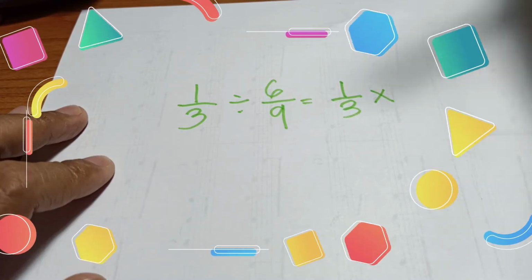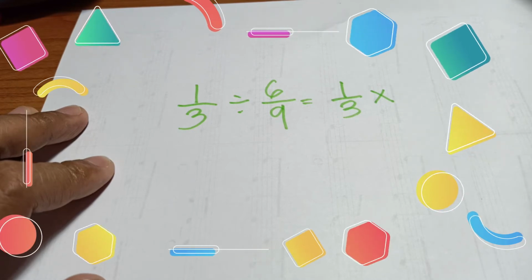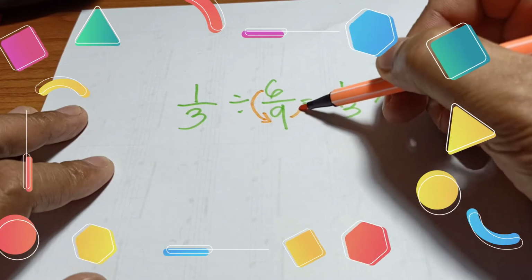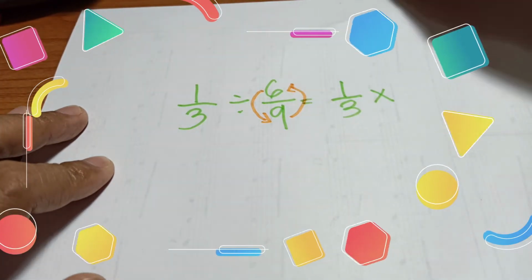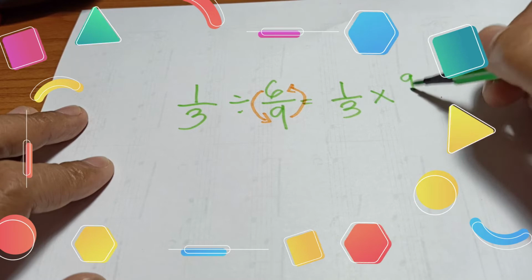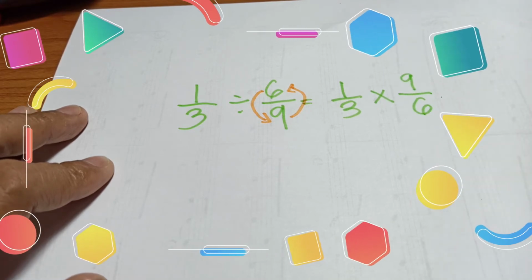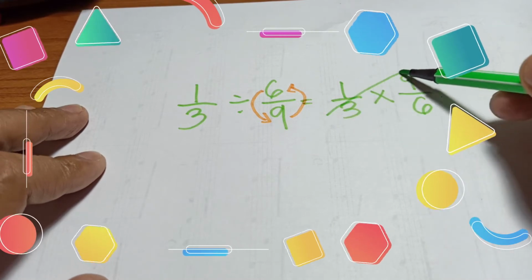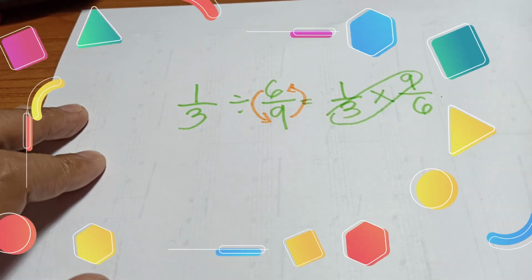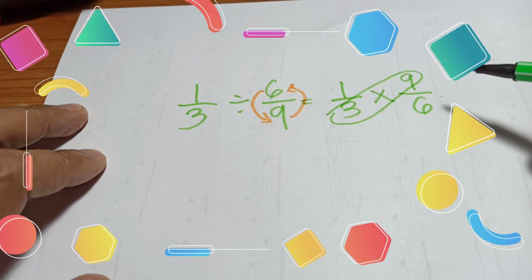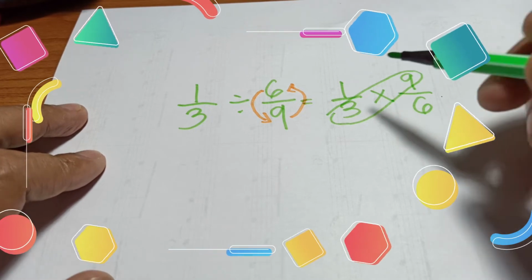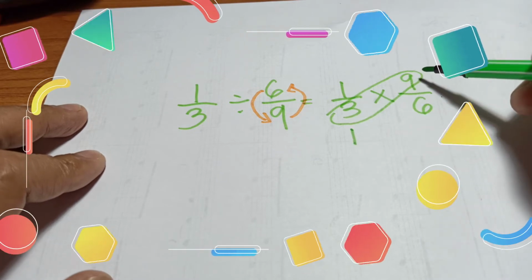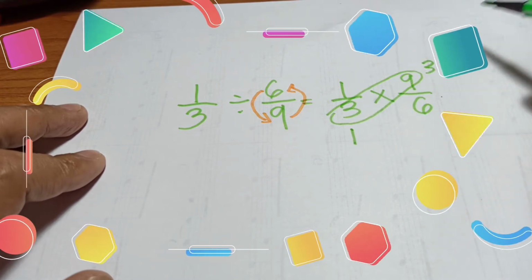Then the divisor will swap position, so 6 will go down and 9 will go up, so it becomes 9/6. As you can see here, 3 and 9 are divisible by 3. So 3 divided by 3 is 1, and 9 divided by 3 is 3.